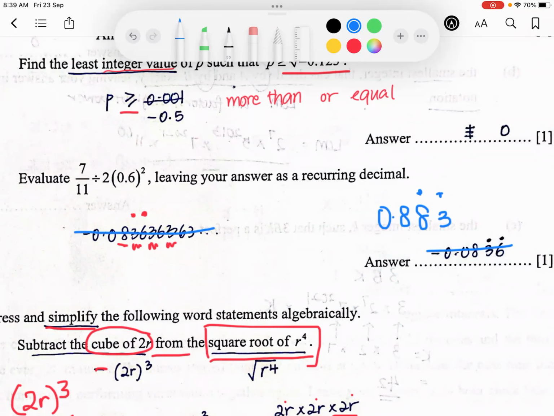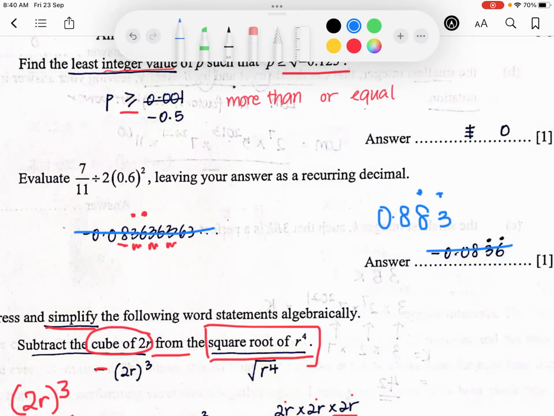Is this the correct version now? Yes, 0.8 then 838383. Okay, correct. Thank you for highlighting. So this one is correct now, right?